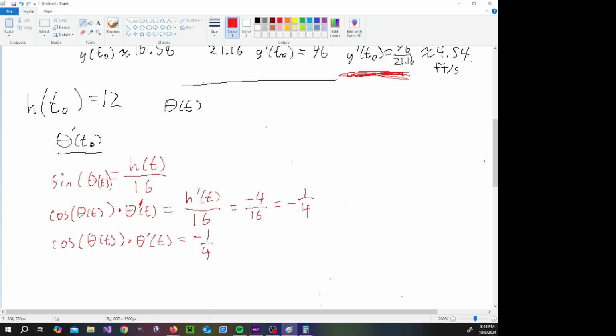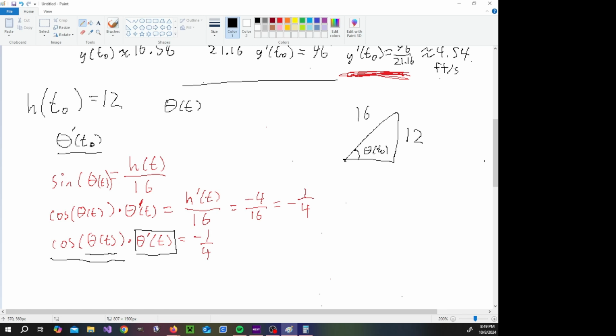So the only unknown right now is the thing that we're trying to solve for, and theta of t. But really we're considering cosine of theta of t. Well, if we're looking at the triangle at this moment, then we have 16 and 12 right here, and this is our theta of t naught, if everything is at this moment t naught.